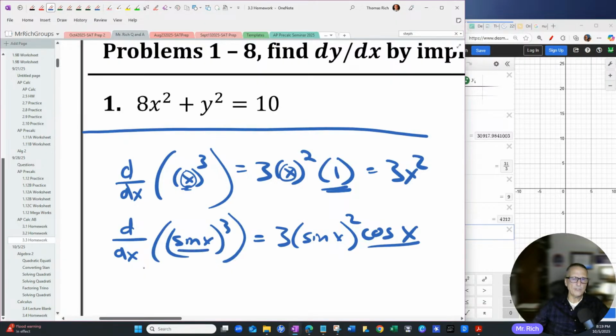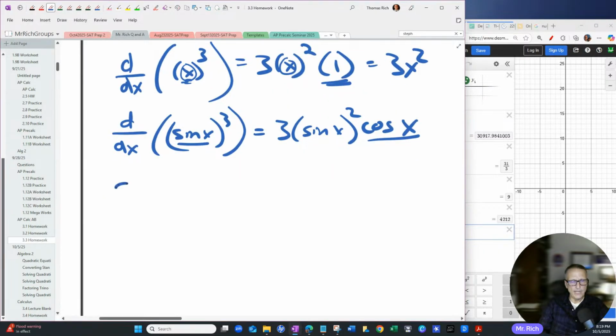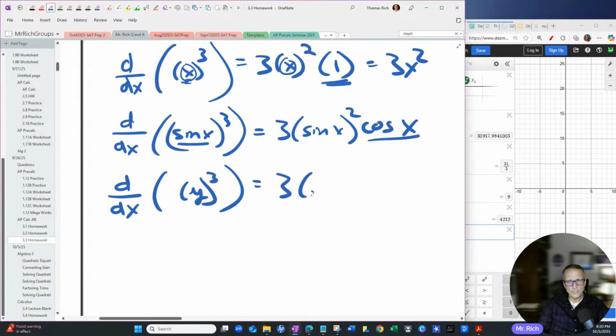But that takes me to, what if it's y to the third power and I'm taking the derivative with respect to x? What if the thing on the inside was y and I want to take the derivative? Well, it would be 3 times the inside part that we leave alone to the second. So I treat it just like it was an x. 3y squared. But I need to multiply by the derivative of y, and the derivative of y is dy dx.